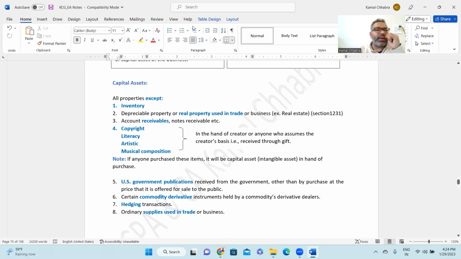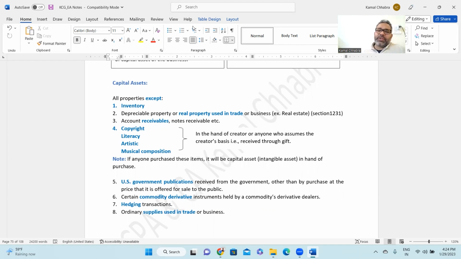So what is a capital asset? Before understanding capital gain or capital loss, or ordinary gain or ordinary loss, we first need to understand what a capital asset is. All property is a capital asset except your inventory, your depreciable property or real property used in a trade or business, accounts receivable, and copyright, literature, artistic, musical composition, all those things.